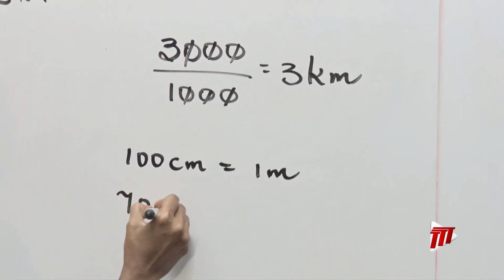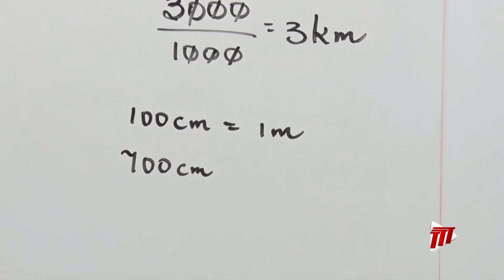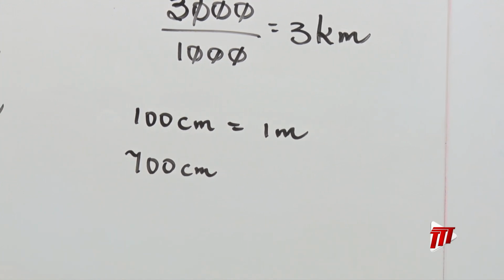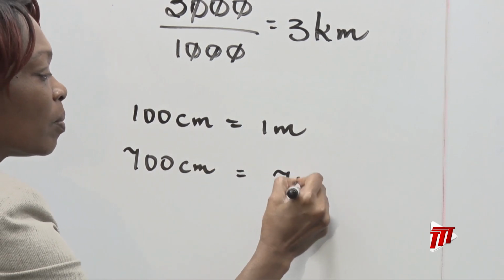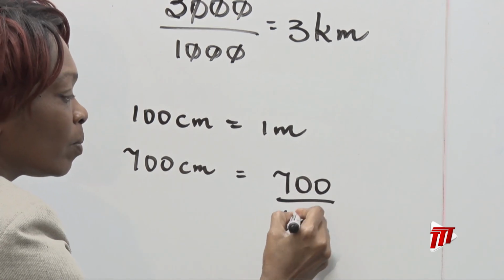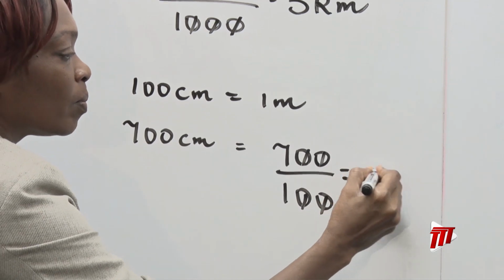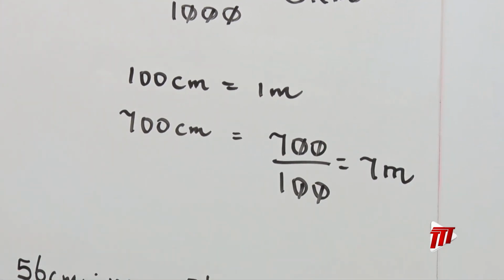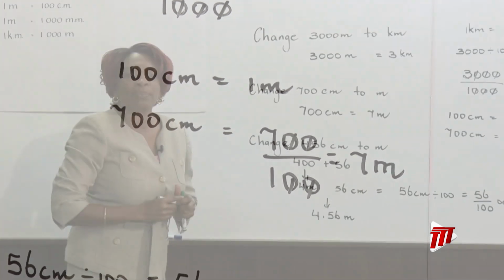What about the 700 centimeters? How are we going to get the 7 meters? Yes, we are going to divide. Let's go. So 700 centimeters is equal to 7 meters.